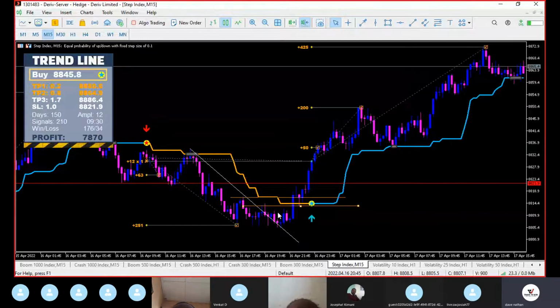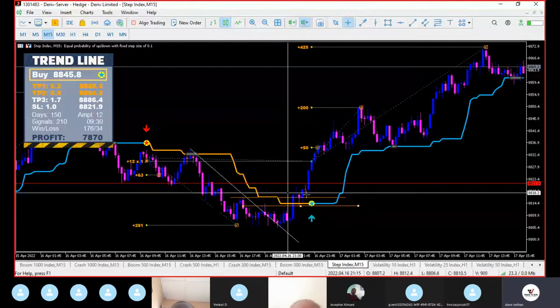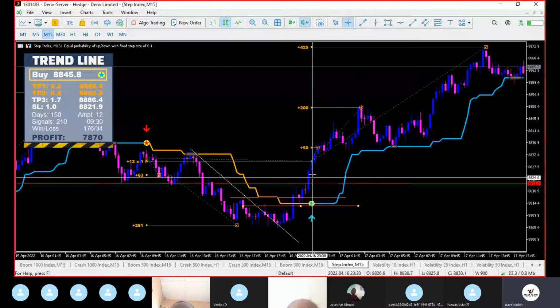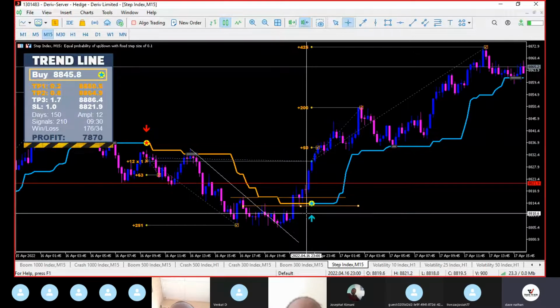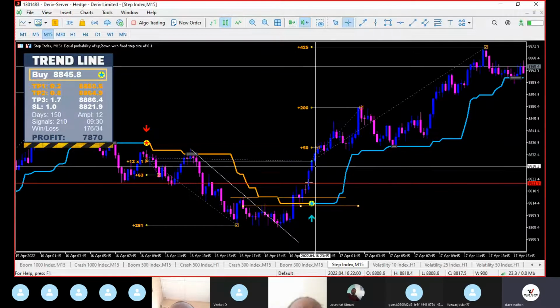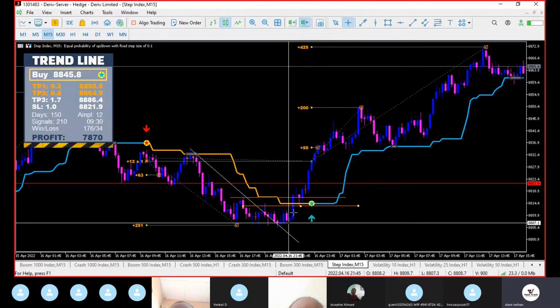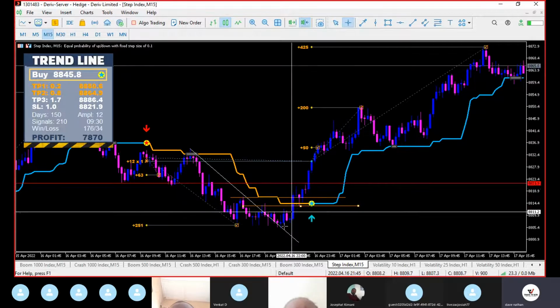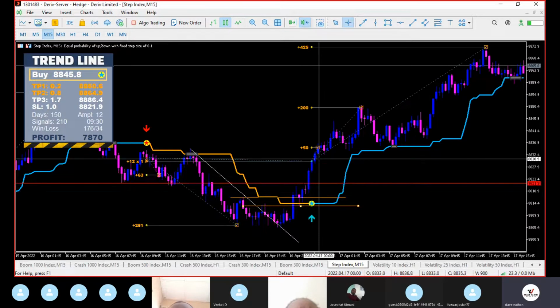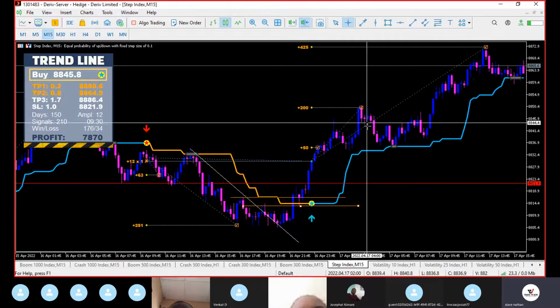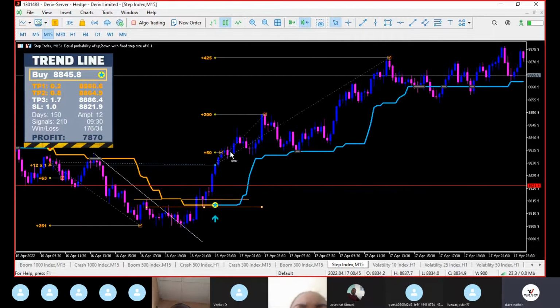But aside from that, let's stick with what is easy and convenient for everybody. So we get a buy signal. When you get the buy signal and you notice that the move has already happened to a large extent, all you can do is wait for the market to present another opportunity.